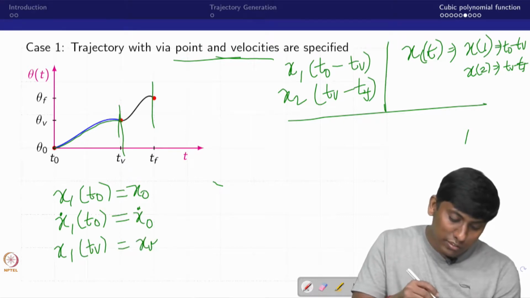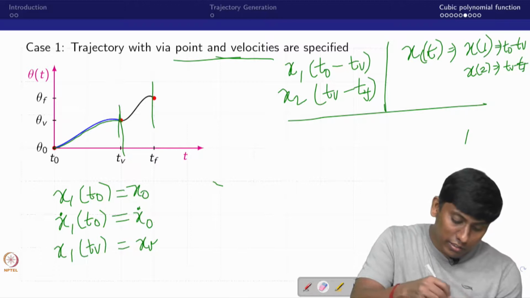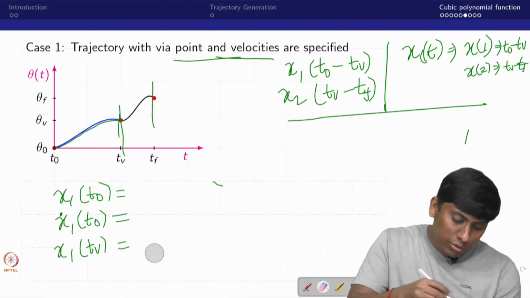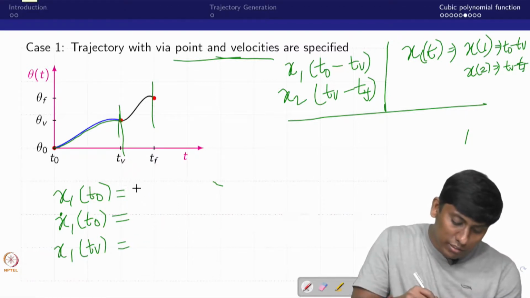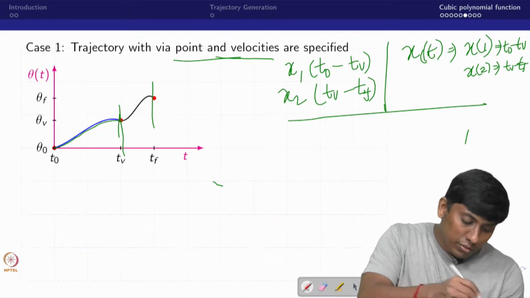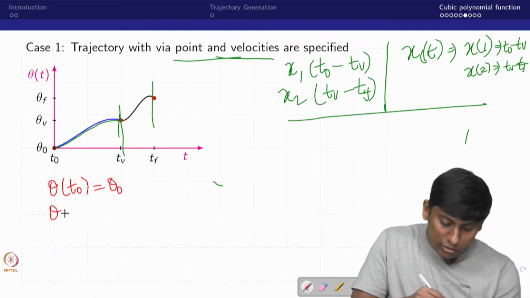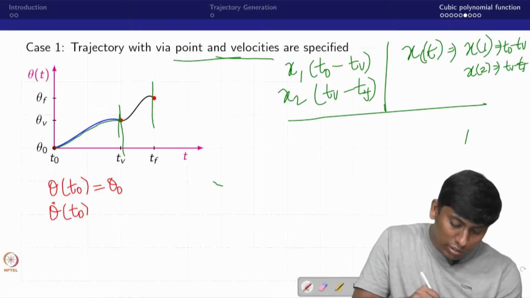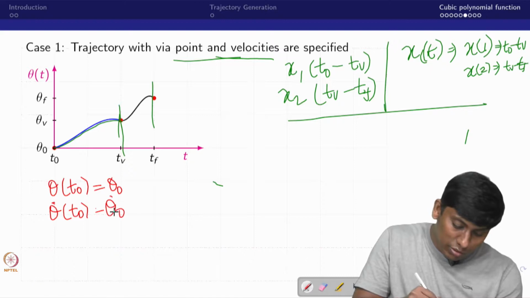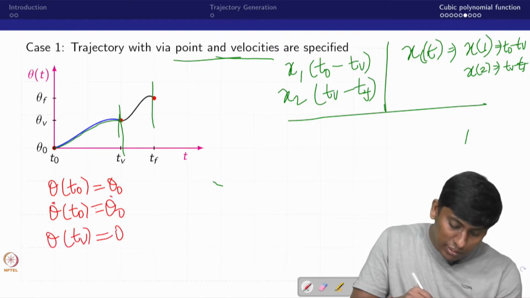I will write it consistently again: theta of T0 is theta 0, theta dot of T0 is theta dot 0, and theta of TV is theta v.